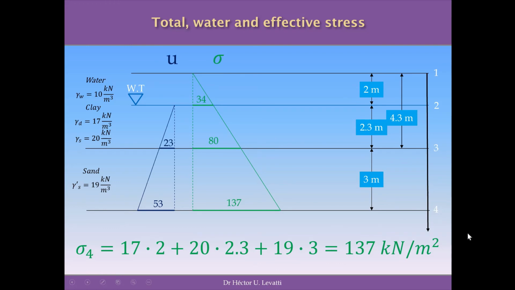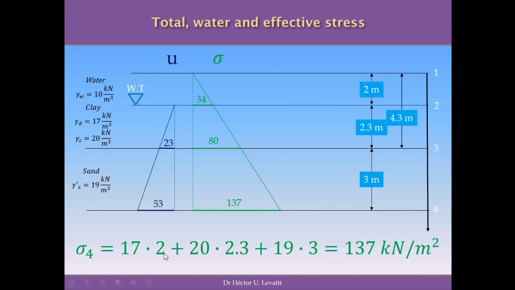Finally, the last point to be analyzed is point 4. We are at the end of the sand layer, so on top of this point we have 3 meters of sand, wet or saturated sand, 2.3 meters of wet clay, and 2 meters of dry clay. And this is the reason why we have 17 times 2.